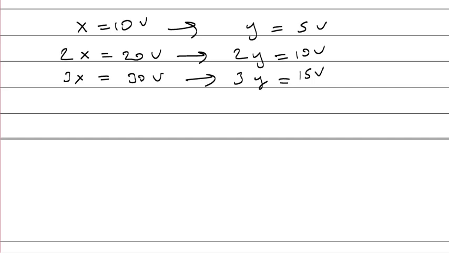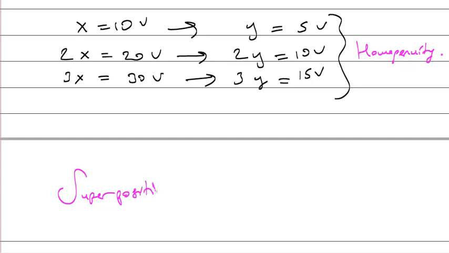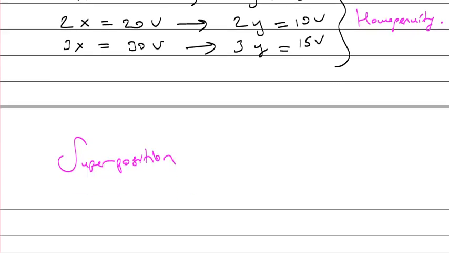Or for example, this comes from homogeneity, and using superposition you can say if I apply two different inputs, for example, I apply 2x and I apply 3x, I know the outputs.